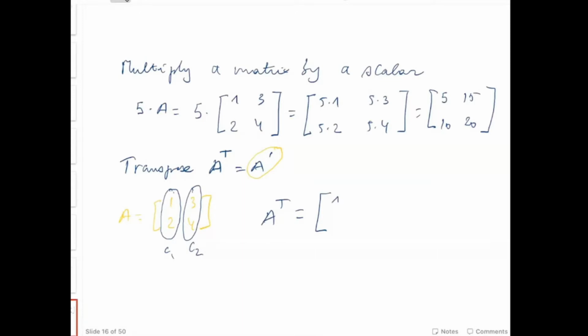So the transpose would be 1, 3, 2, 4 as our new matrix. And this finds applications in many areas, especially when we have to multiply two matrices.